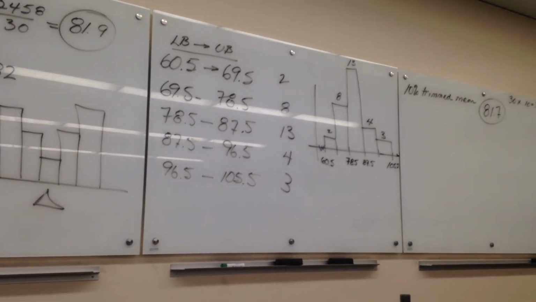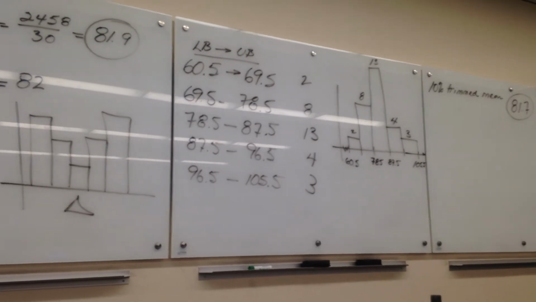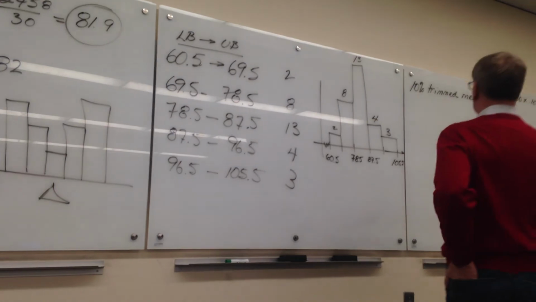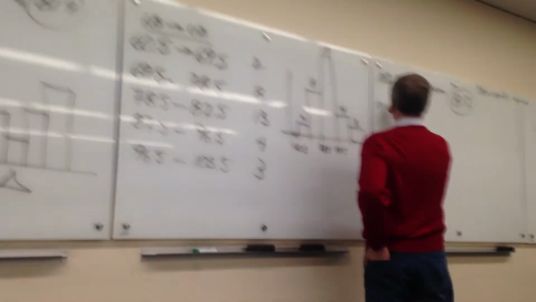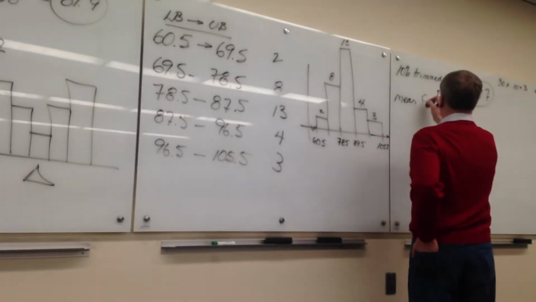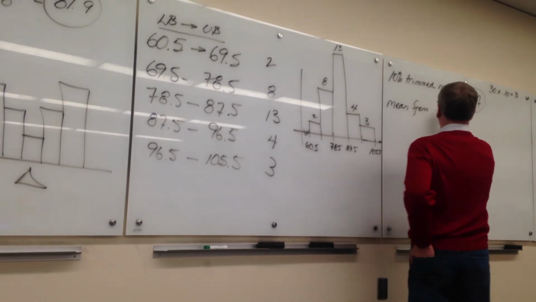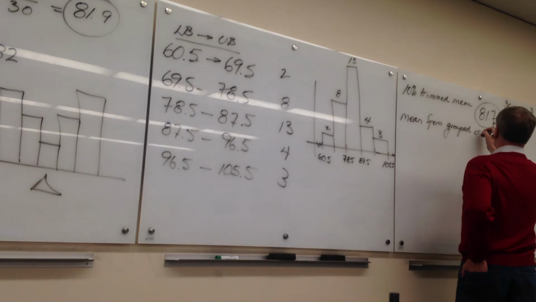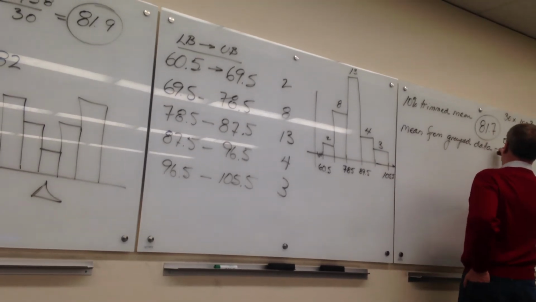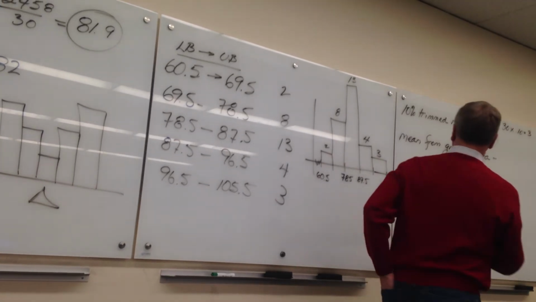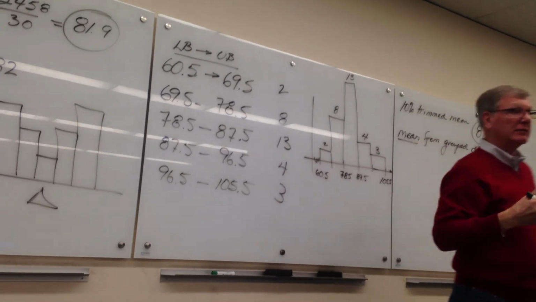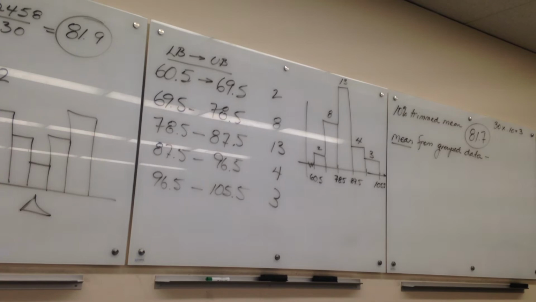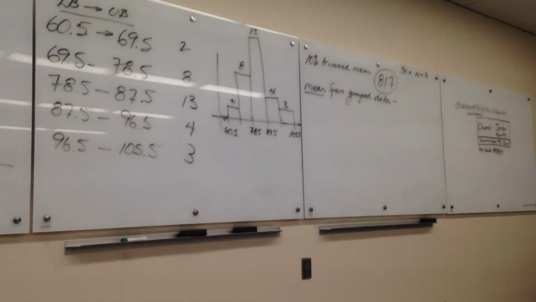It's called the mean from grouped data. Anybody have any idea what that means? It's a mean, it's an average, but it's from grouped data. Anybody have any clue what kind of interpretation?